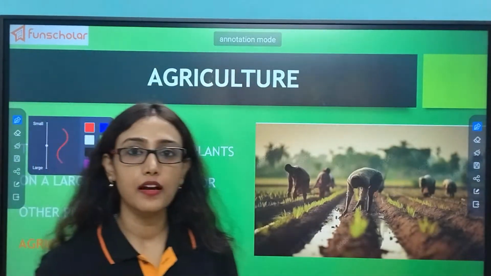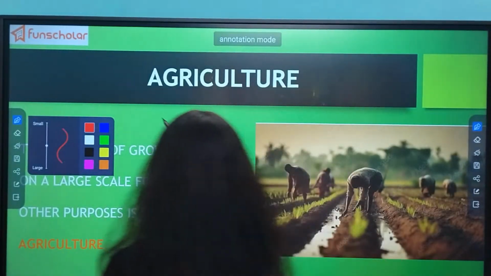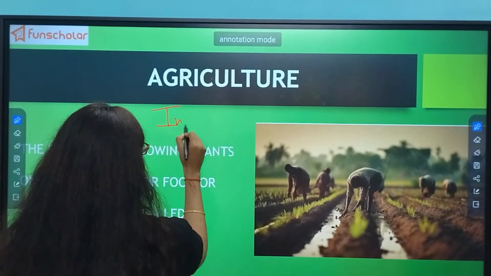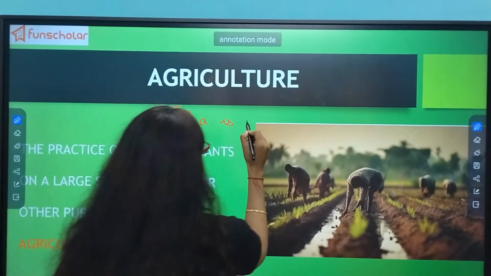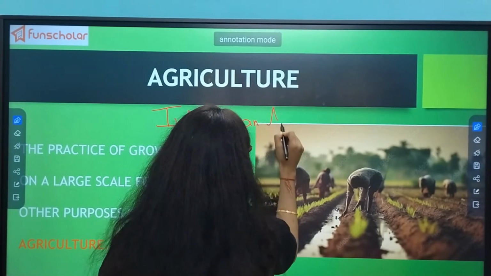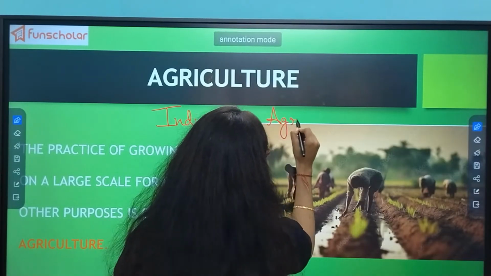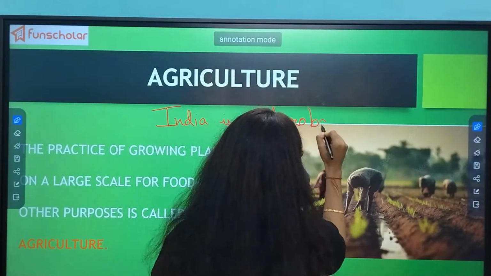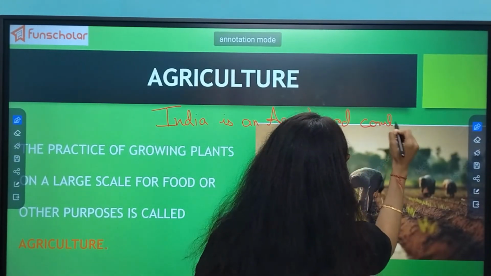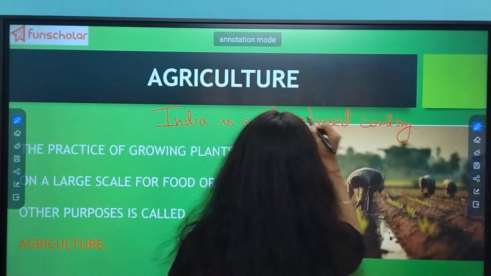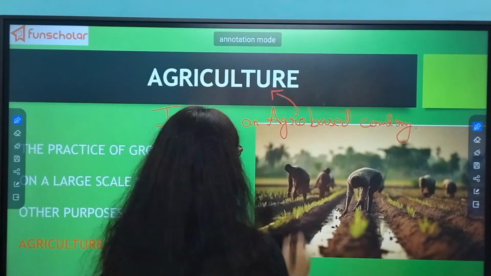You have often heard that India is an agricultural country, not industrial. India is an agro-based country. What does the term agro mean? Agro means agriculture.